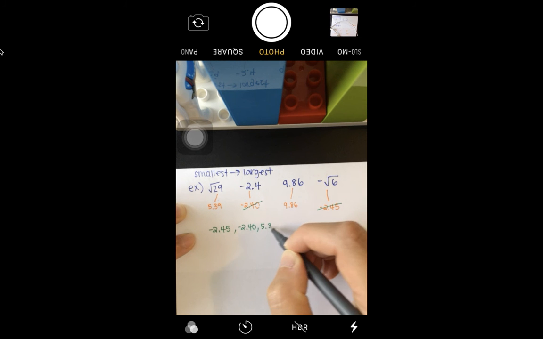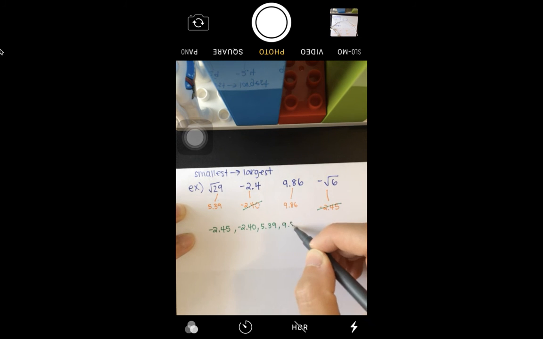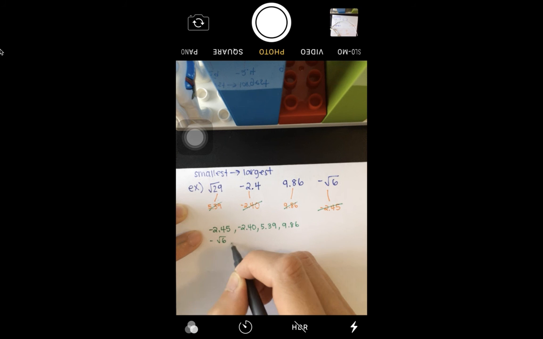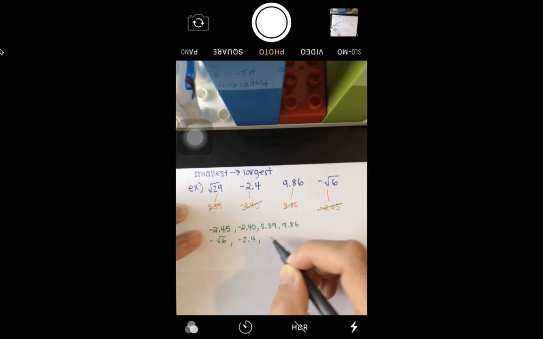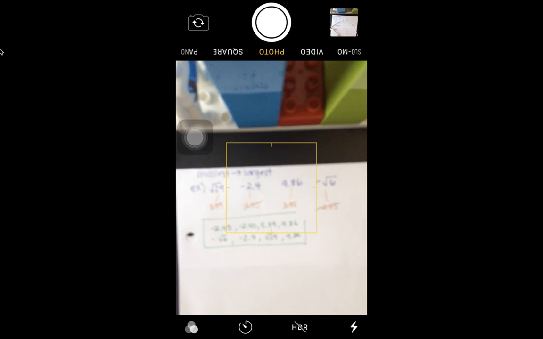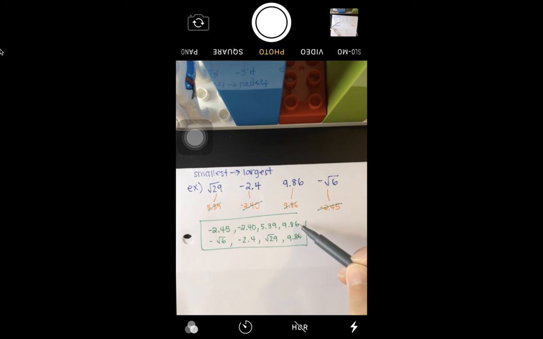Obviously $5 is smaller than $9. So, yay, I just ordered it all from smallest to largest. You can write your answer like this, or you can write it in its original form. Either one is fine, the top row or the bottom row. Okay? So that's how we order.